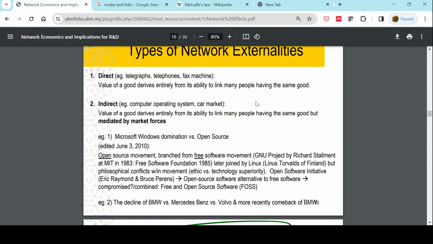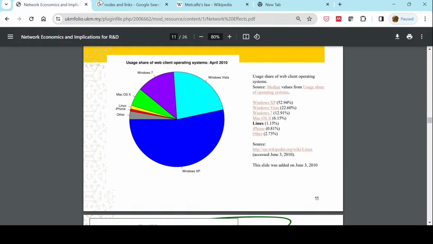And let's look at the operating system at that time. They used Windows Vista, Windows XP. This is 2010, outdated, but that was at that time. Windows Vista, Windows XP, other phones, iPhone, Linux, Mac OS, Windows 7.